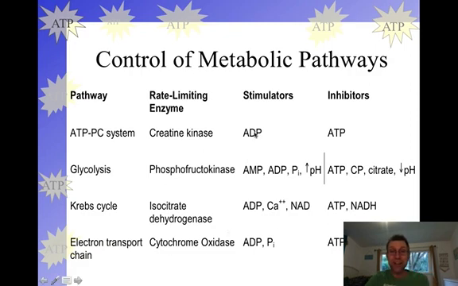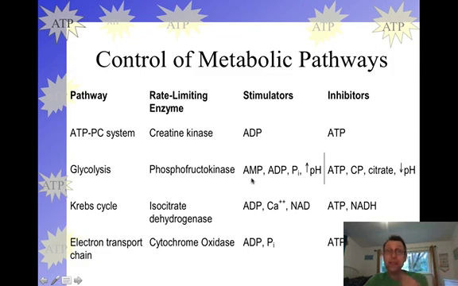ADP is a stimulator of every metabolic pathway. Why is that? Because when we start to use ATP, the automatic byproduct is ADP, right? Yes, we're going to end up with inorganic phosphate, which does stimulate some systems as well. And in extreme cases, we may end up with AMP. We talked about that a little bit with the phosphagen system.